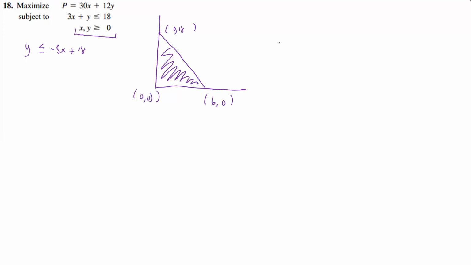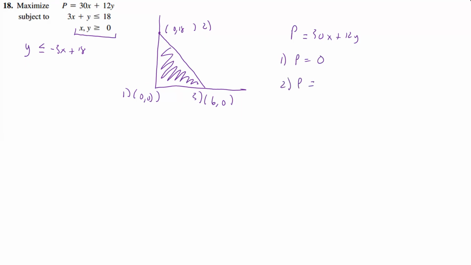So those are our 3 points, and again, we're just plugging them into P. P is equal to 30x plus 12y. Let's call this one 1, this one 2, and this one 3. For 1, P is equal to 0, so not very good. Unless we get some negatives, we're not going to use that one.